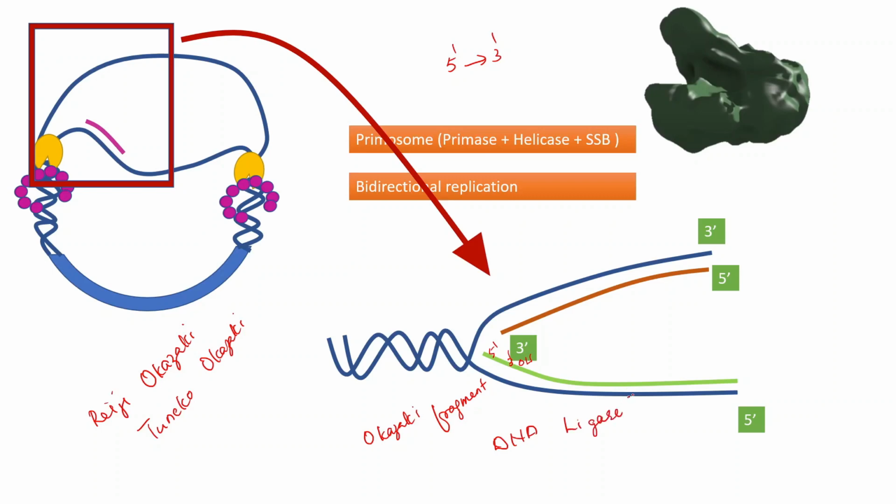As here, this daughter strand is formed or synthesized continuously, this strand is called the leading strand, and as this is synthesized in the form of fragments, it is called the lagging strand.